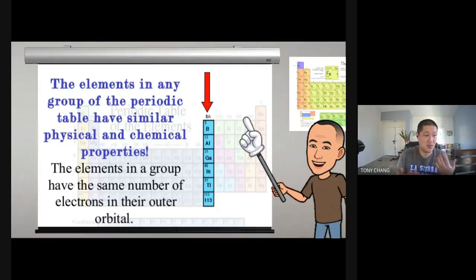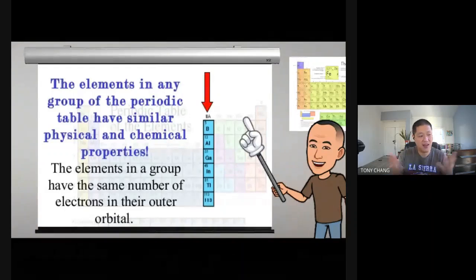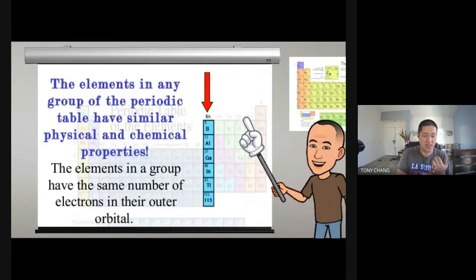You're going to have similar chemical properties. Okay? So in that one group, there's going to be a lot of similarities. Valence electrons are the same. Similar physical and chemical properties. The group number, family, column, whatever you want to call it, is all the same. Okay? Very, very important.